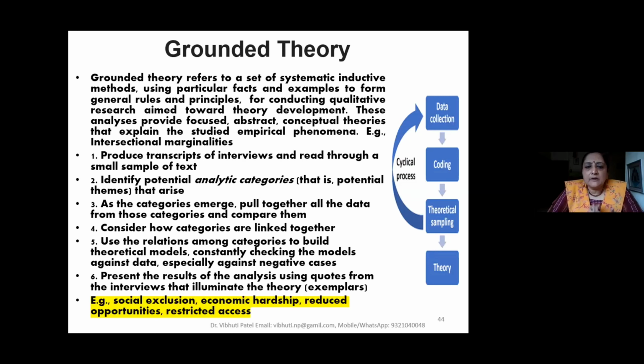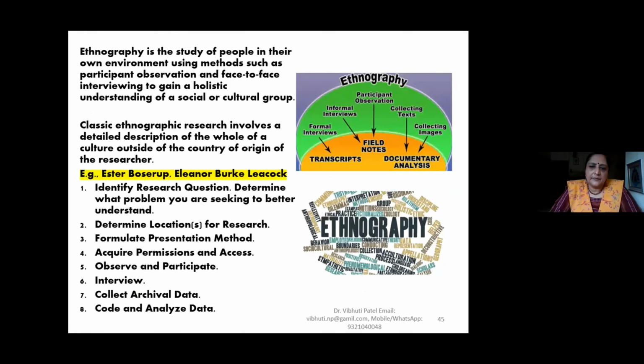So the theory of social exclusion, theory about economic hardship, theory about reduced opportunities and restricted access, which have come up in the context of the pandemic, and how intersectional marginalities are operating, a lot of studies have come up with grounded theory. Even the migration studies have.